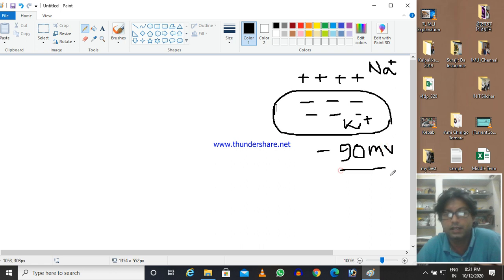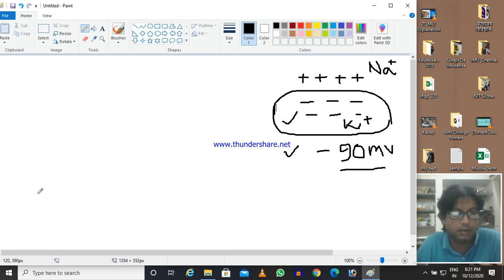This is called the resting potential. That means if you put the meter's positive lead on the inner side of the cell and the negative lead on the outer side of the cell, you will get a membrane potential of minus 90 millivolt, which is called the resting potential.